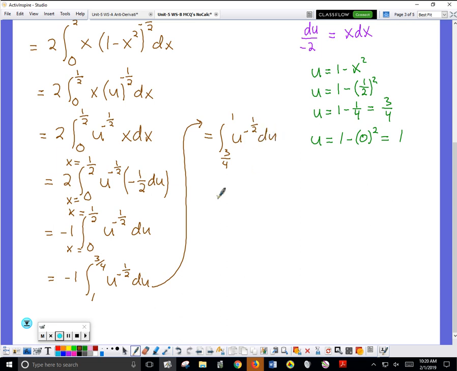Now I do the antiderivative, so I get, let's see, u to the negative 1/2 plus 1, all over negative 1/2 plus 1, from 1 to 3/4. That becomes 2 square root of u, 3/4 to 1.